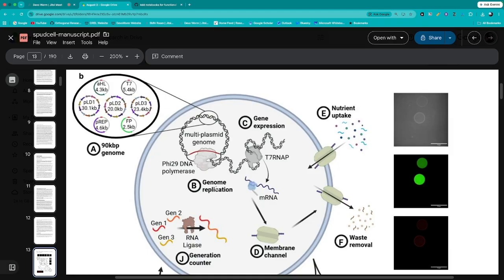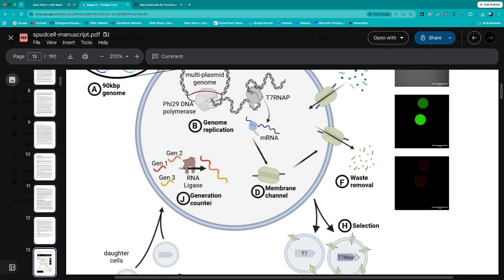You have genome replication, gene expression, and then you have the interaction with this membrane channel. And these membrane channels are proteins that go to the surface of the liposome. They do things like waste removal, nutrient uptake. And then you have a generation counter where you have this RNA ligase that ligates different generations of RNAs.